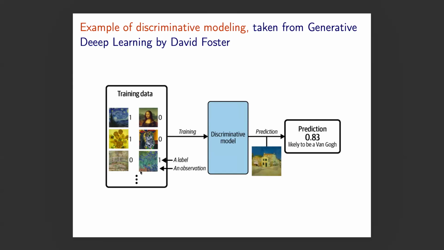Then when we feed in a new painting, we want to say whether this is a Van Gogh or not. Just to give you an example of how we could use a CNN, we could train a convolutional neural network on paintings of Van Gogh, and then use that one to discriminate on new paintings whether they are Van Goghs or not. Okay?